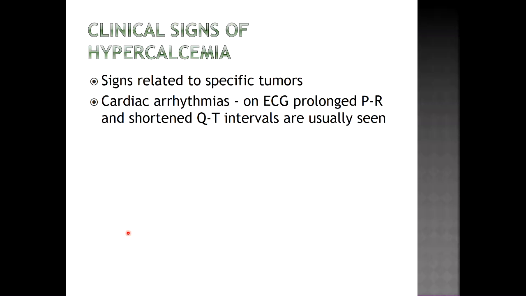You can see a bunch of cardiac arrhythmias, and I do remember, what is reported in books is that you see a prolonged PR and a shortened QT interval. But when I was taking the little quiz that you have to take to become an internist that goes on for 2 days and it's really horrible, I asked the cardiologist at the time, what do you really see with hypercalcemia?